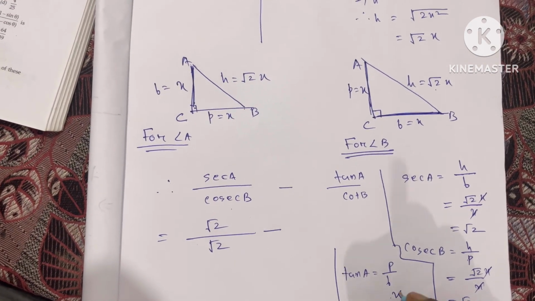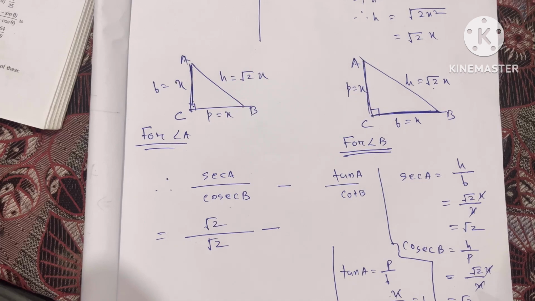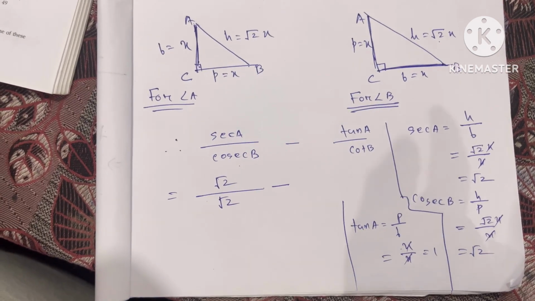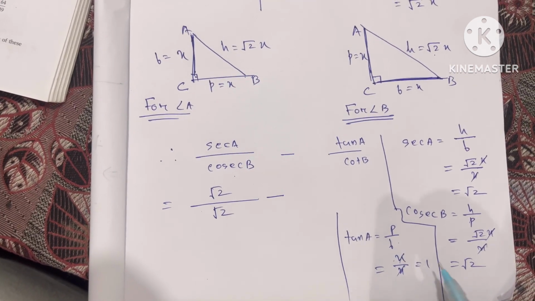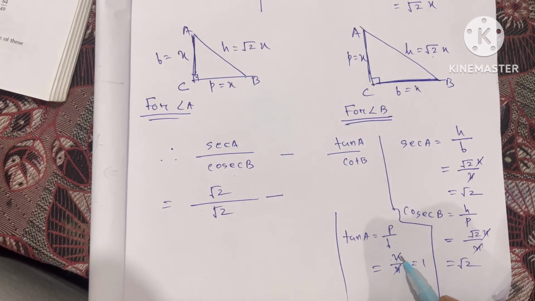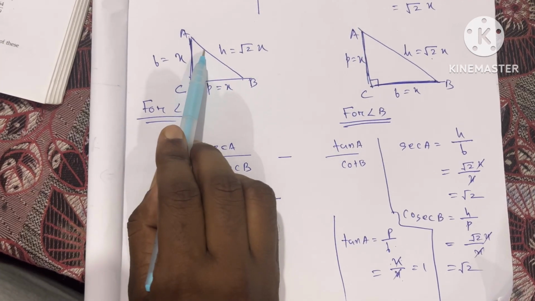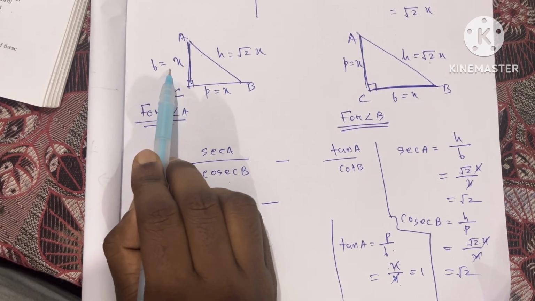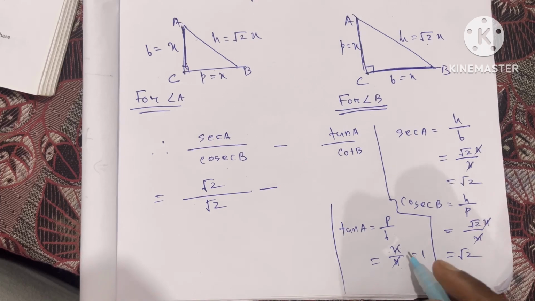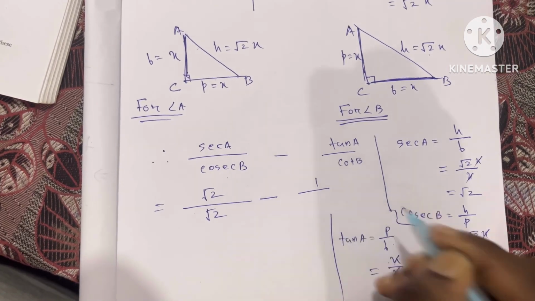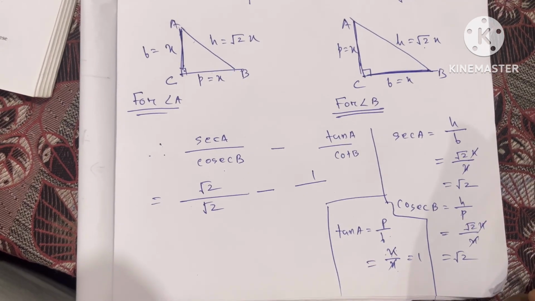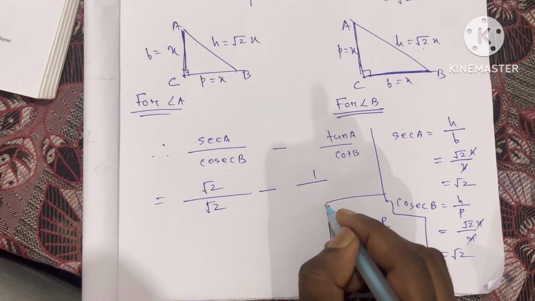So x gets cancelled, and the answer will be 1. So in place of tan A, I can write 1. Yes or no?